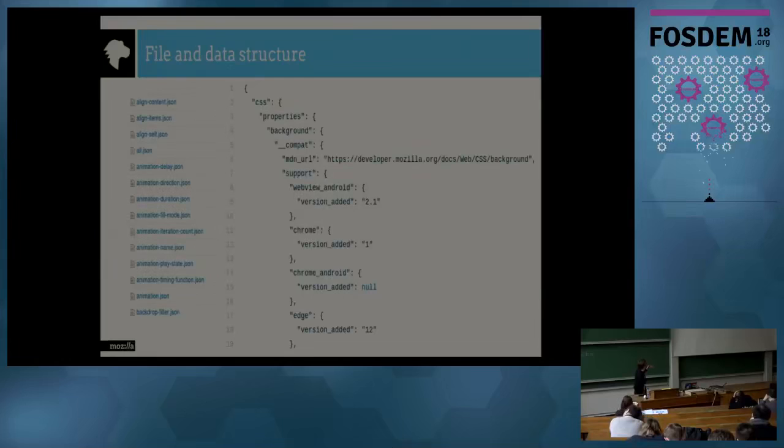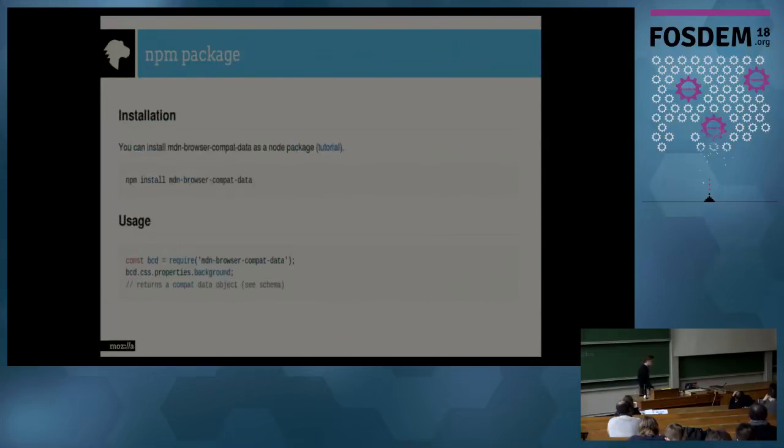You have a back reference to the MDN URL, and then there's a support object for the various browsers and their versions. And we also provide this as an NPM package, as it is just JavaScript or JSON data, so you can reuse this in Node.js as well, and then access it like it is shown here, and you will get back the JSON that is stored in our compat store.